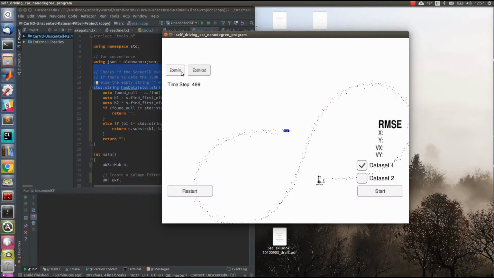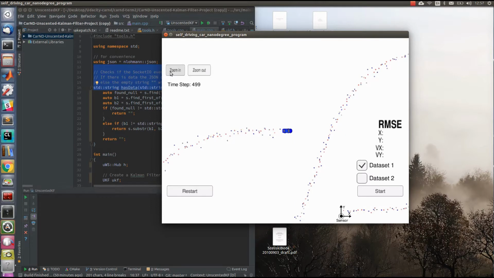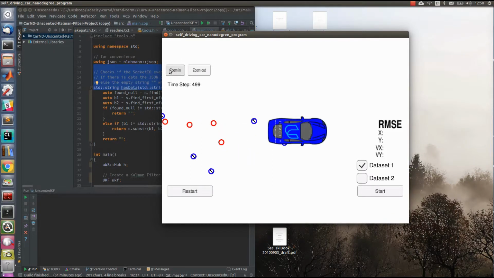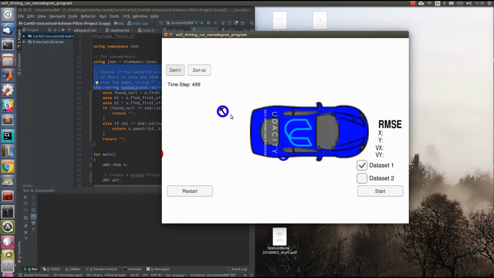So let's have a look at these measurements, and we can see here there are two types of circles, red ones and yellow ones. The red ones are the measurements from Lidar, and they are the XY coordinates of a moving object, of our car in this case. And the blue ones are the measurements from radar. And as we see, it's a blue circle with an arrow. Why?